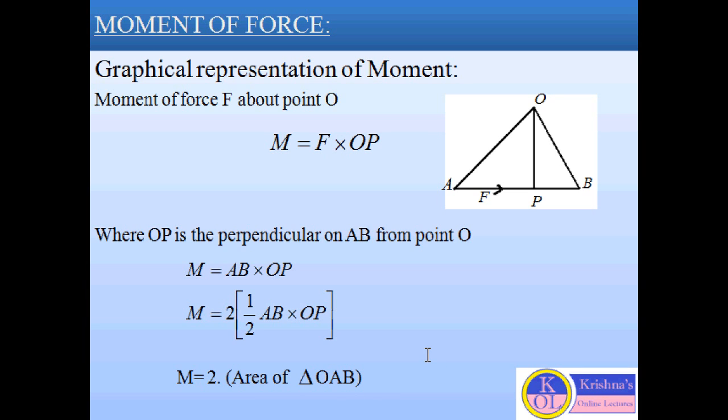So we can say the moment of force about any point is geometrically equal to twice the area of the triangle whose base is the line that represents the force, and whose vertex is the point about which the moment is to be found.